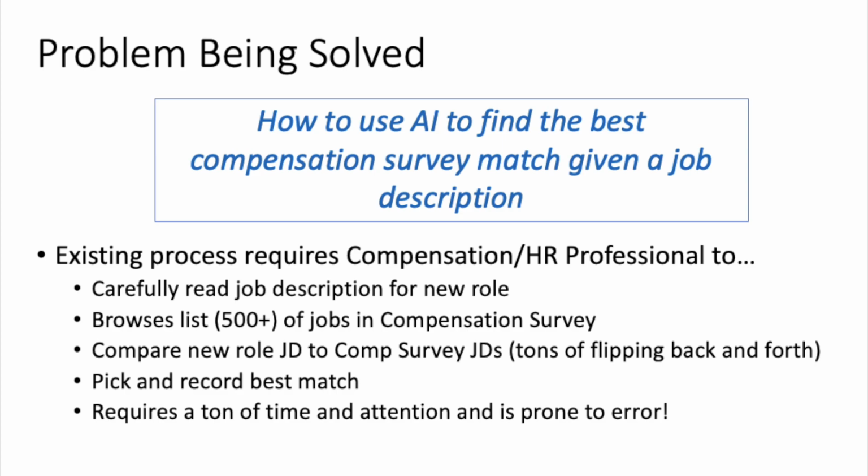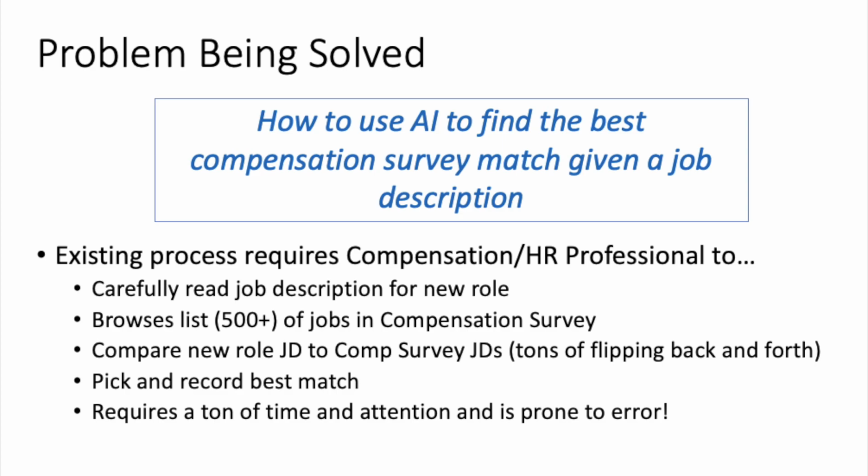So to accomplish this task, essentially the HR professional reads the job description and then opens a file, usually an Excel file, of a compensation survey. Compensation surveys are provided by third-party companies who collect a lot of data about various different jobs and then publish a survey with results.